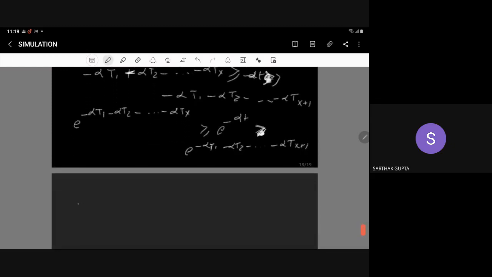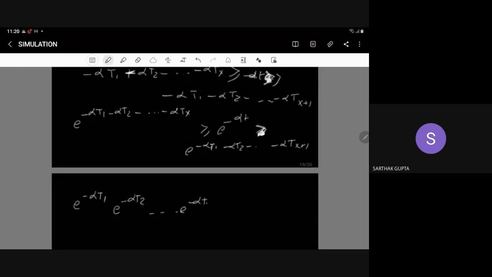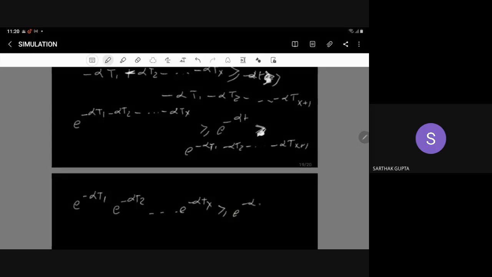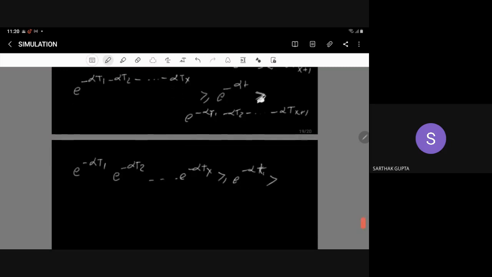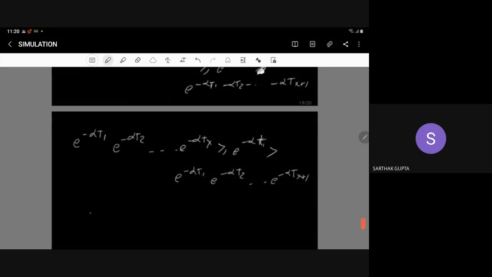That can be written as e to power minus alpha t1, e to power minus alpha t2, and e to power minus alpha tx, greater than e to power minus alpha t, greater than e to power minus alpha t1, e to power minus alpha t2, e to power minus alpha t x plus 1.